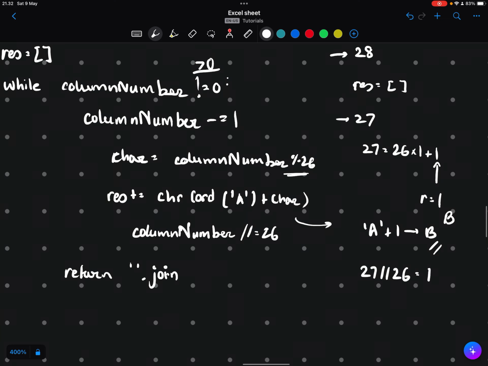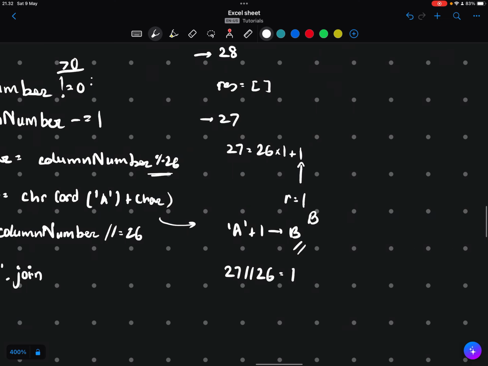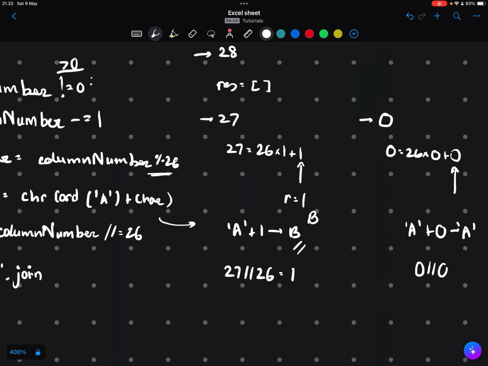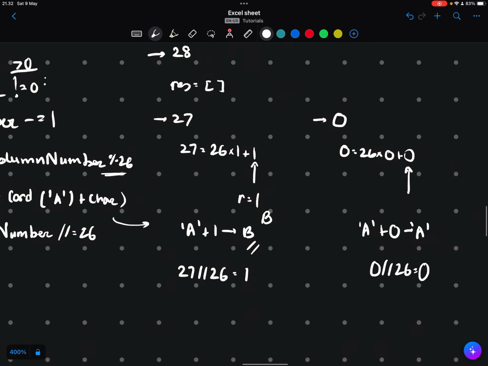So we come back here, we subtract 1 to get 0, and we write 0 equals 26 times 0 plus 0. You get 0, and that would be like writing A plus 0. We will get A. Then 0 divided by 26 is 0. That's pretty much it.